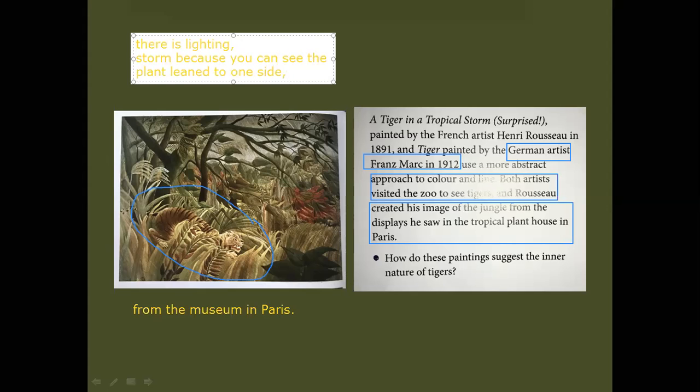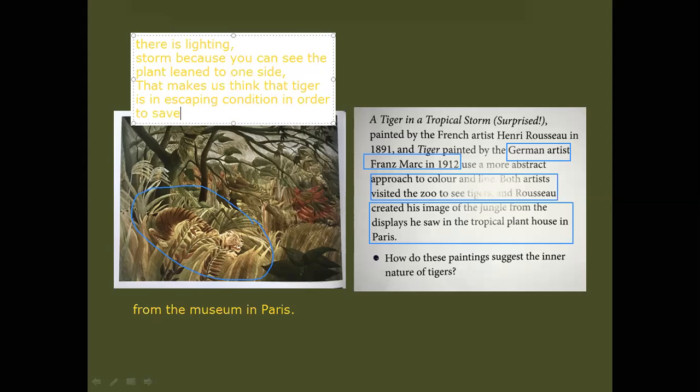So that makes us think the tiger is escaping, in order to save himself, because it's natural.